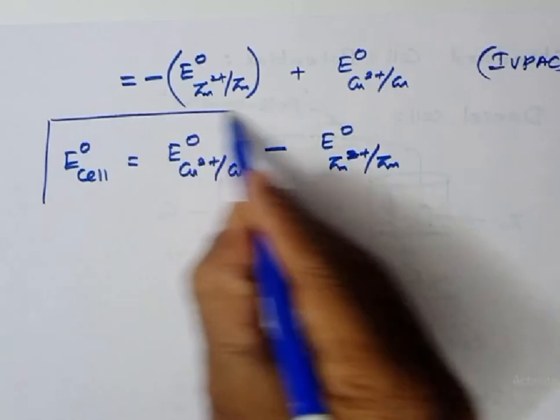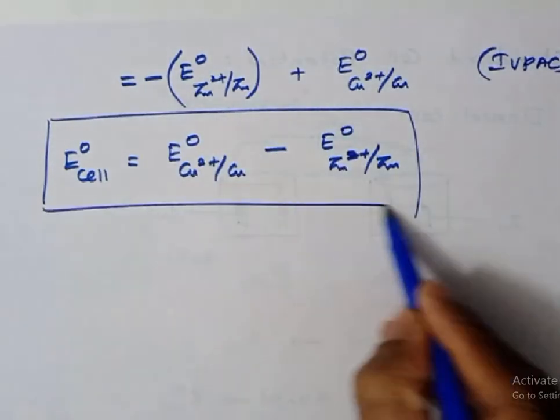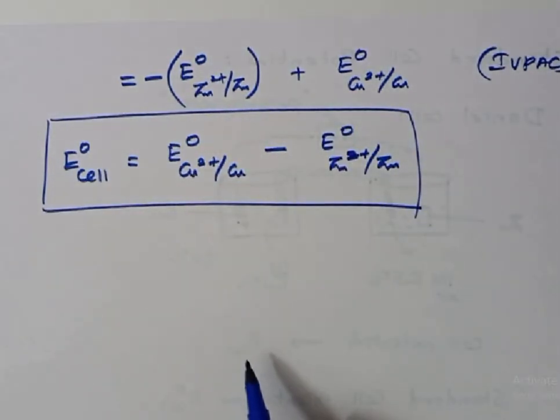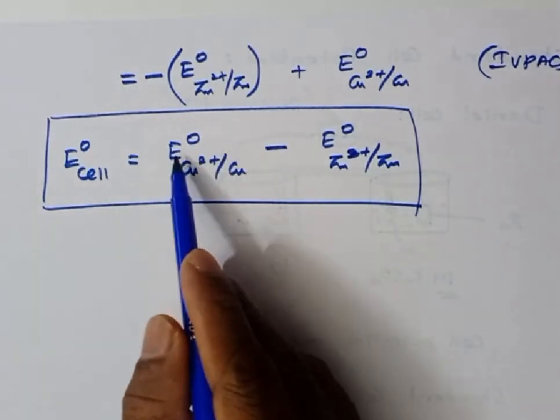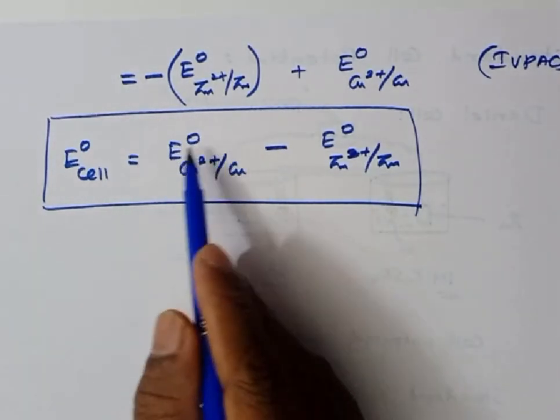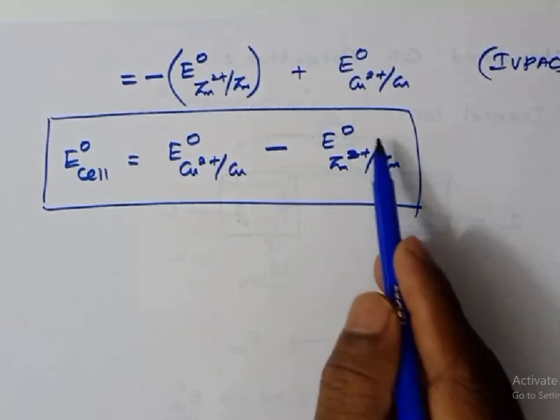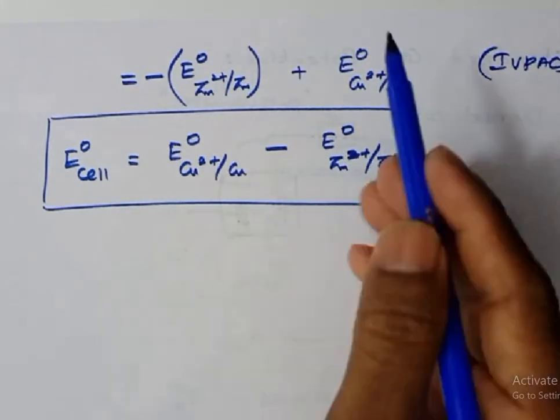And this is how we write standard cell potential. Okay, right? So this is the reduction potential of the cathode and this is the reduction potential of the anode.